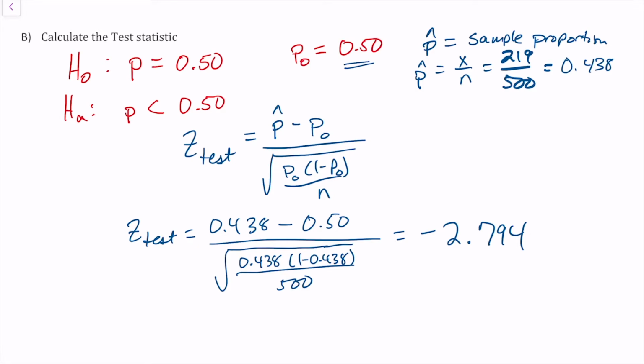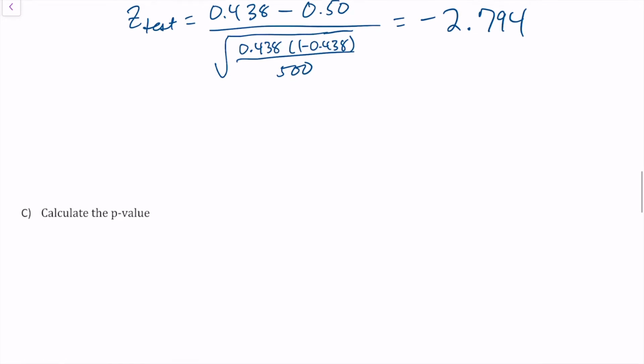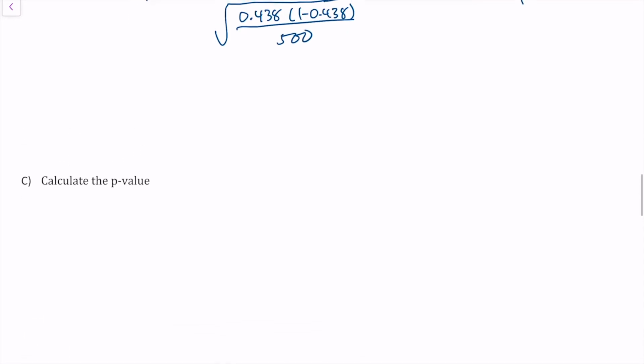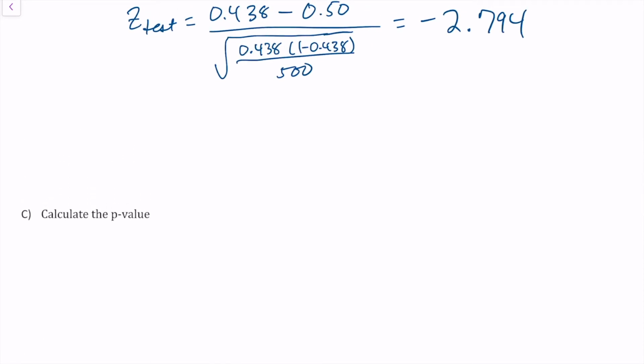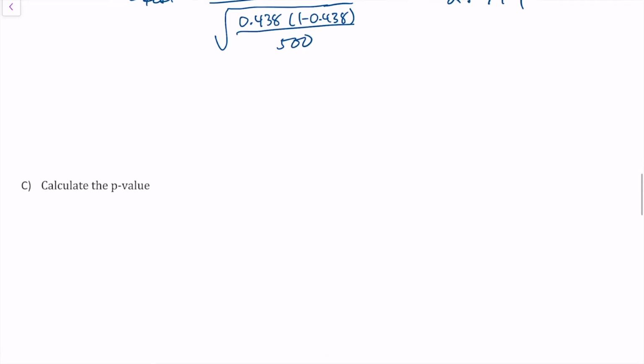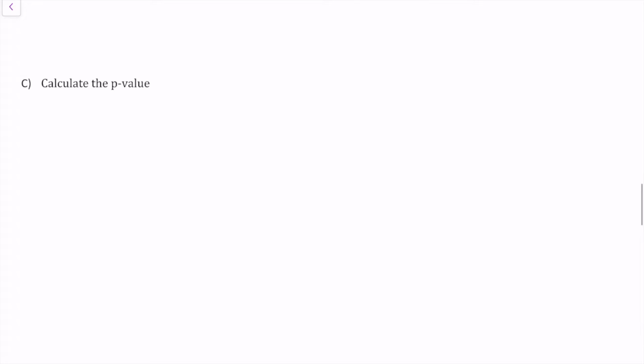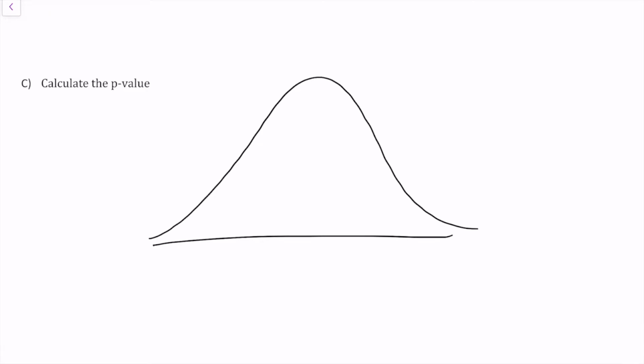Okay, moving along. So now that we have our test statistic of a negative 2.794, let's go ahead and calculate the p-value. So what would the p-value be? Well, once again, go back to our intro to hypothesis testing video, and you know that now we have a normal distribution of z-scores. And in fact, we know for that z distribution, right down the middle is where z is equal to 0.